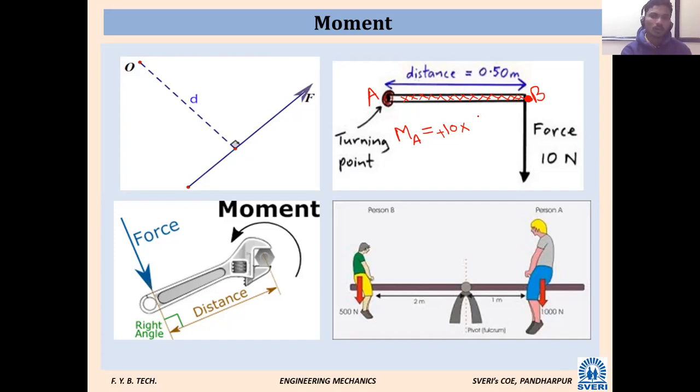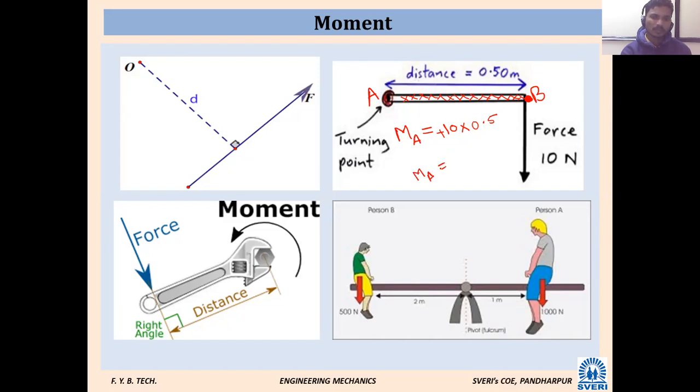At what point do we want to calculate the moment? At point A. Very good. And what is the shortest or perpendicular distance between point A and the line of action of force, that is point B? How much is it given? 0.50 meter. So what will this be?